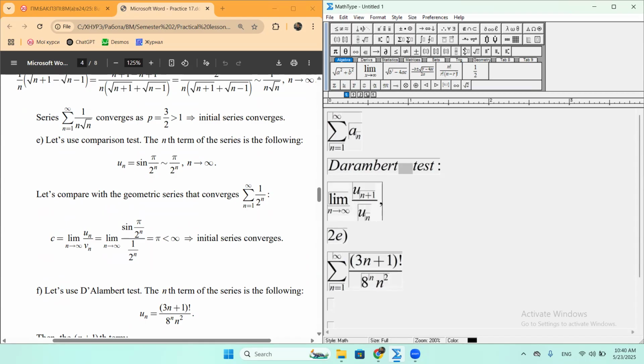If this limit equals c, then if c is greater than 1, the series is divergent.